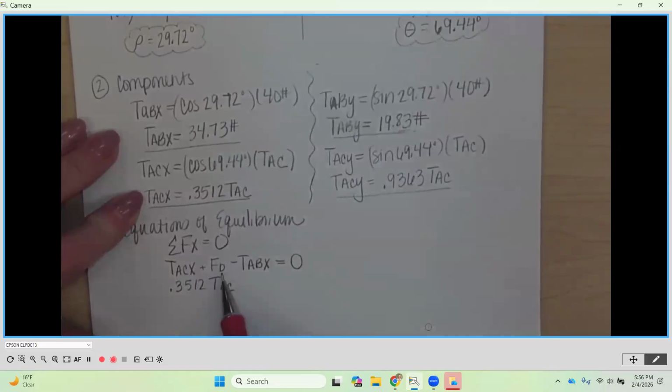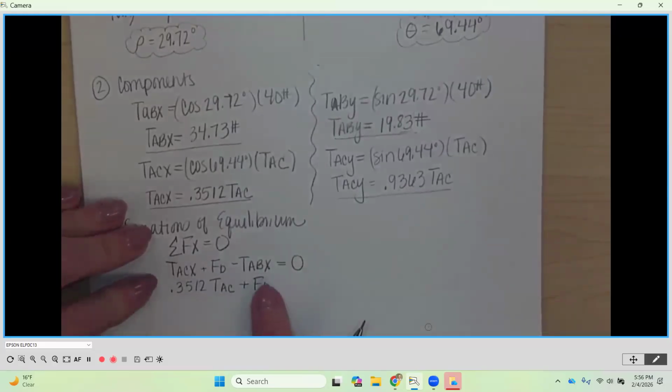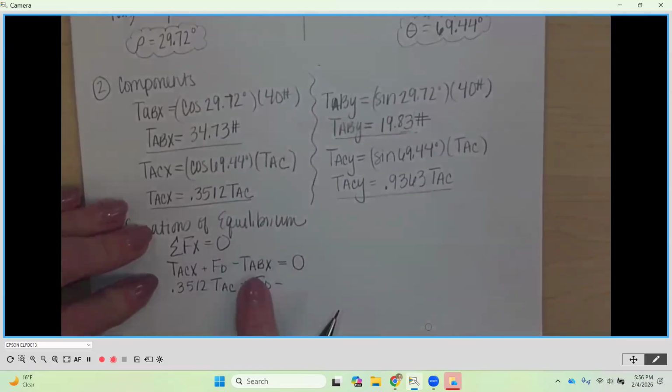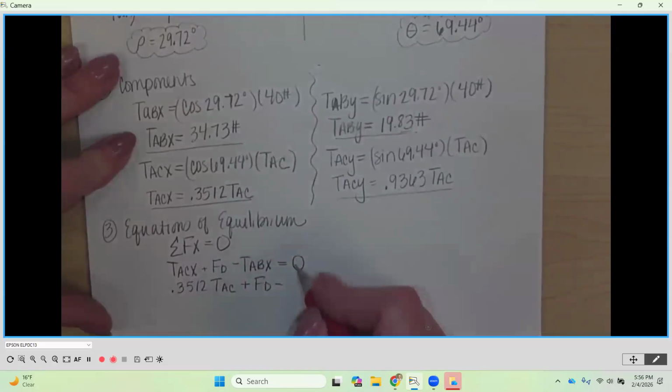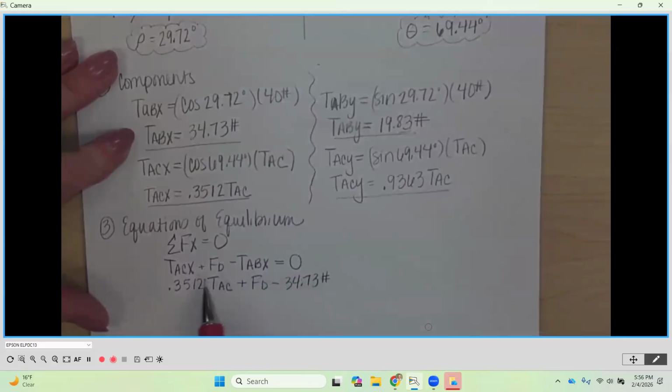Now, FD, we don't have any values for, and it wasn't something that we derived a component for, so that's going to stay as FD. And then minus TABX, which is right here, that is 34.73 pounds. And we're going to set that equal to 0.